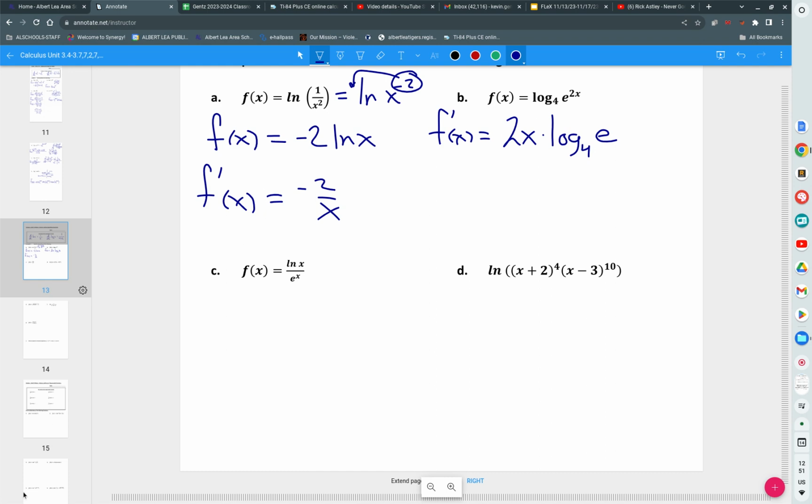Isn't the log base 4 of e just some constant, some value? And so what is the derivative of 2x? So we have 2 times the log base 4 of e.